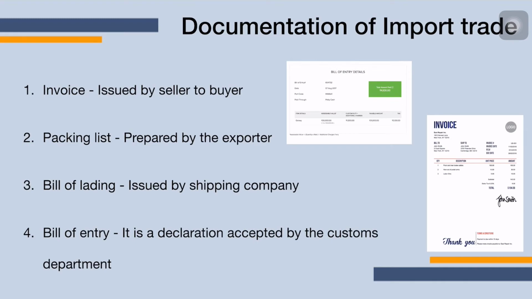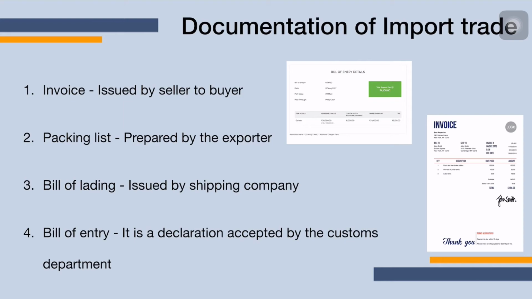Number 3, bill of lading. That is again issued by the shipping company, as we just discussed, as an acknowledgement that the goods are on board. Then we have the bill of entry. It is a declaration accepted by the customs department.